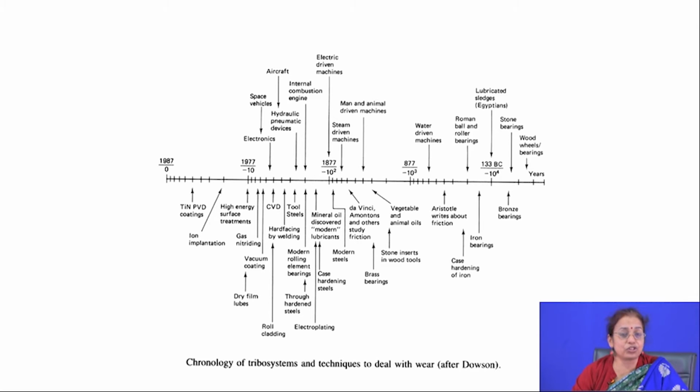So, this is the first thumb rule. So, if you can increase the surface hardness by some extent, you can certainly reduce the probability of wear. The second important thumb rule is that if you can reduce the coefficient of friction, you can definitely reduce the wear phenomena or probability of wear.